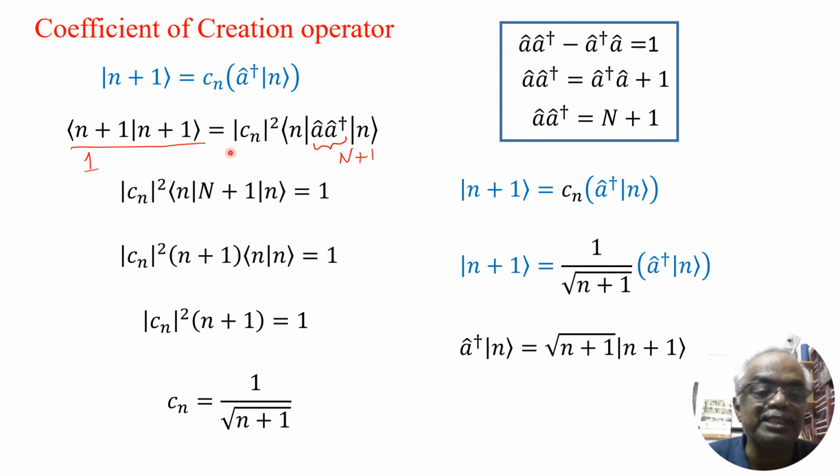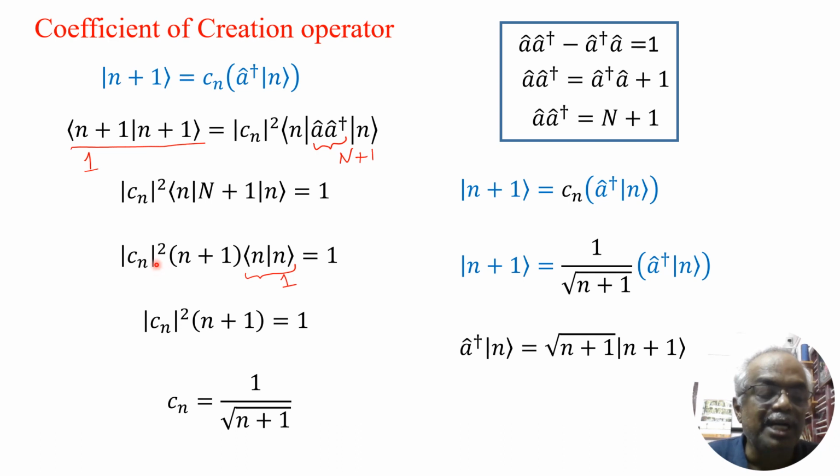That is, modulus Cn squared ⟨n|(n+1)|n⟩. When n acts on the ket |n⟩, it will produce the eigenvalue small n. So you can take out this number n+1 and modulus Cn squared, and here ⟨n|n⟩, the inner product of n with n, is equal to 1.